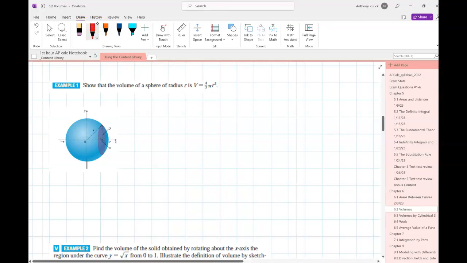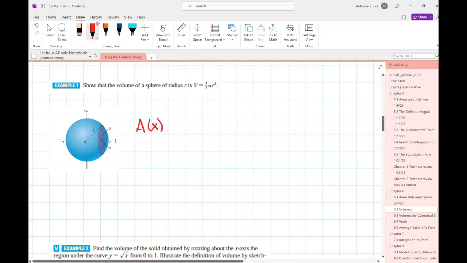Looking at the picture I've given you, what is that cross-sectional area going to be? Well, not r. What's the radius in this case? Y.